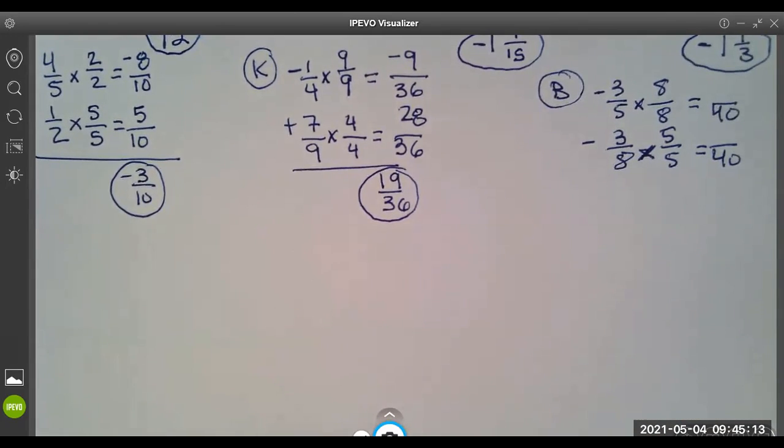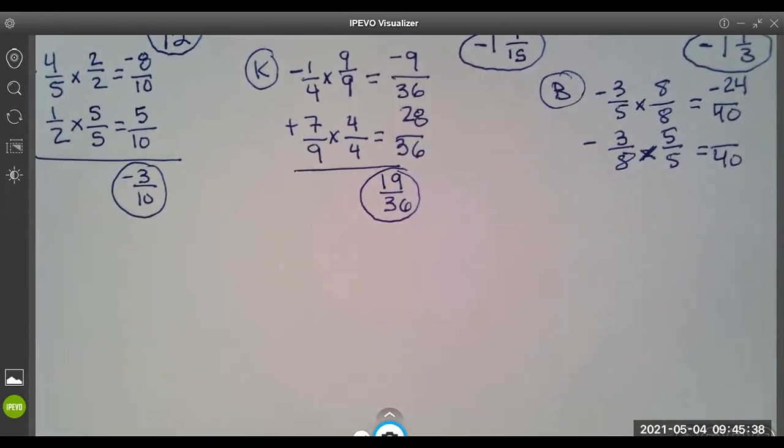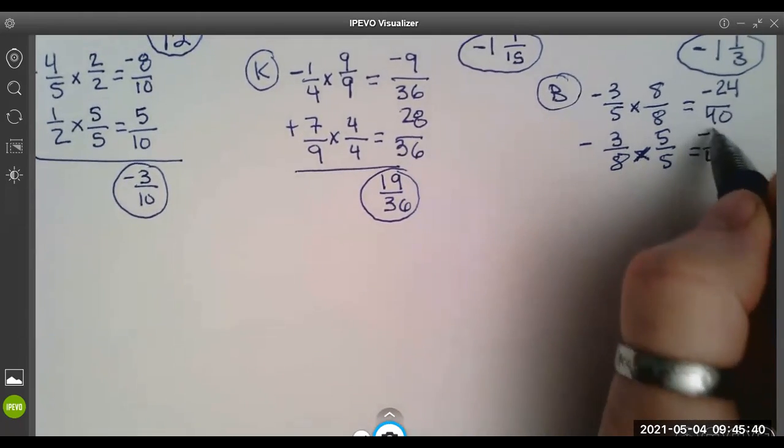What's the new top going to be? Negative 24, yes. What about the second one? Negative 15, yes.